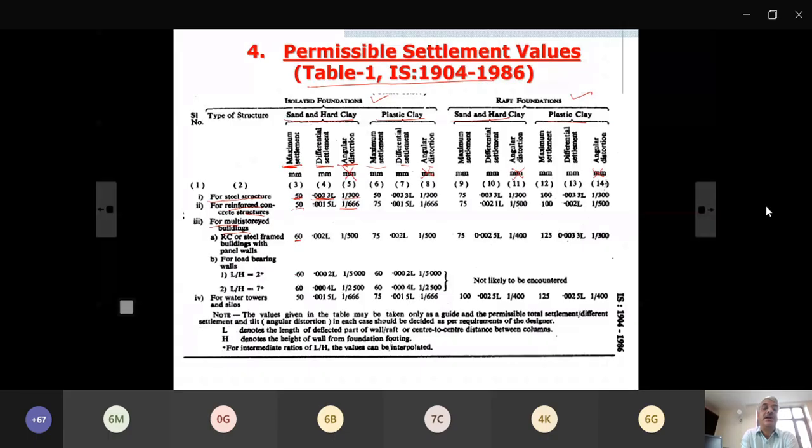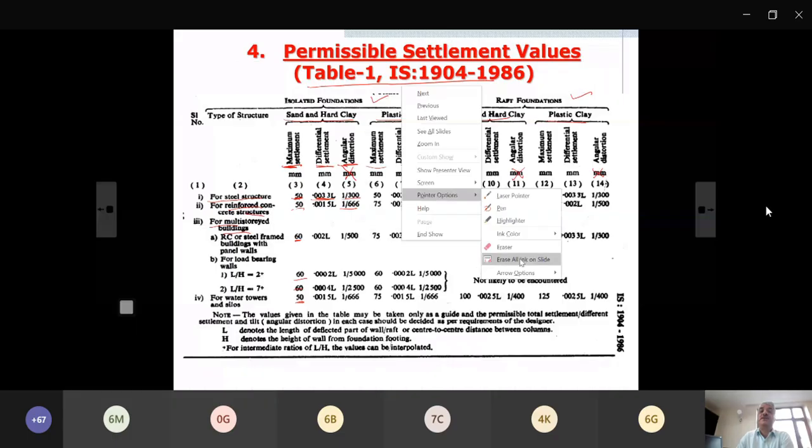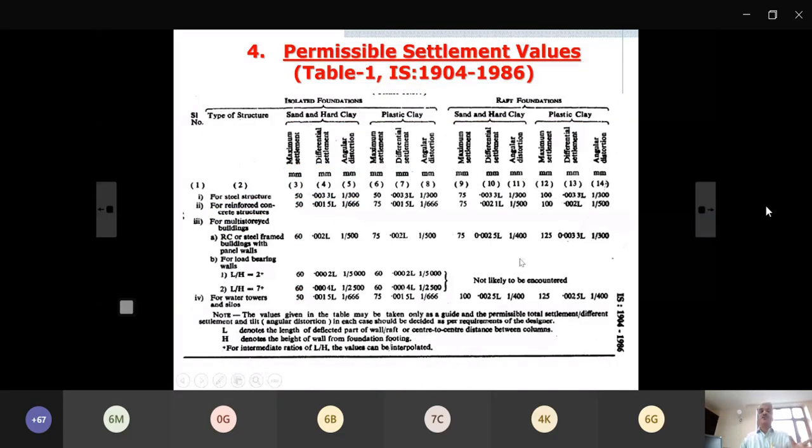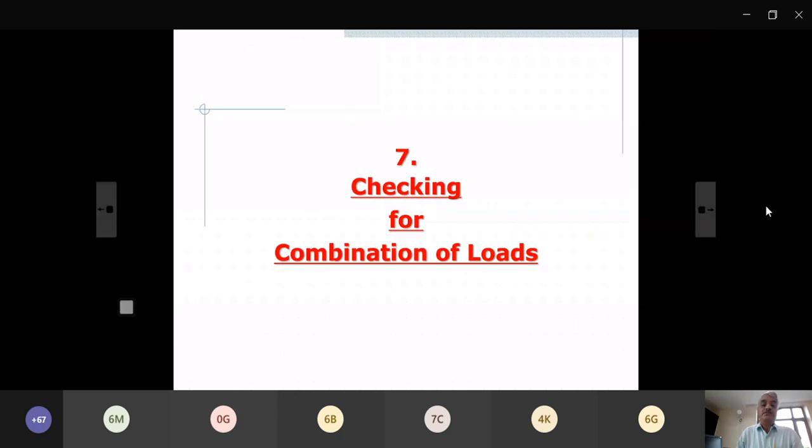For load bearing wall 60 mm, for water towers 50 mm. You can get an idea at least what ranges these settlements are in. It is not exactly applicable mutatis mutandis to bridges, but you get an idea what range your total settlements are in. So this is a table from the IS code.